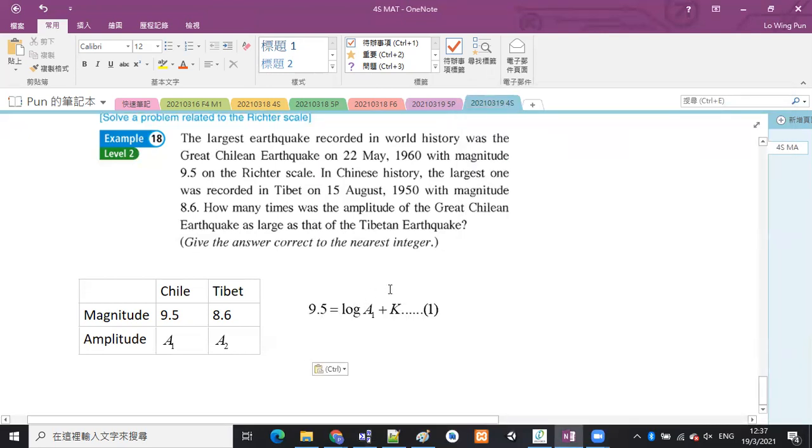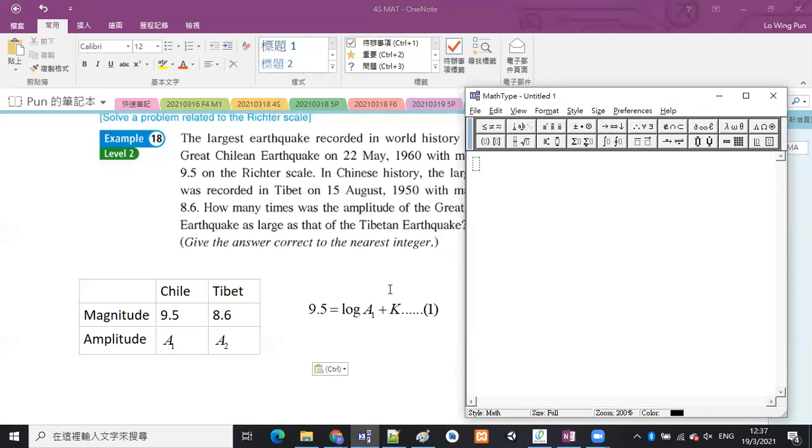This is from the Chilean earthquake. 好啦，跟住西藏嗰次，我哋有晒呢兩樣資料噶嘛，係嘛？咁我哋咪亦都可以用同一條式，去到冧埋一齊先。即係 8.6 is equal to log A2 plus K, and call this equation 2.